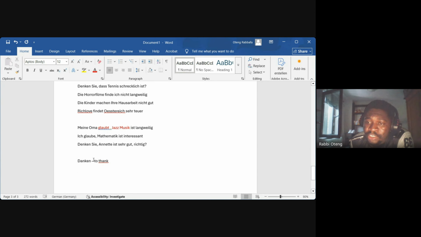You can't merge it. So the next sentence should have its own verb. Because ich finde Jazzmusik interessant. We didn't separate the jazz music as a subordinate clause because finde needs a noun.